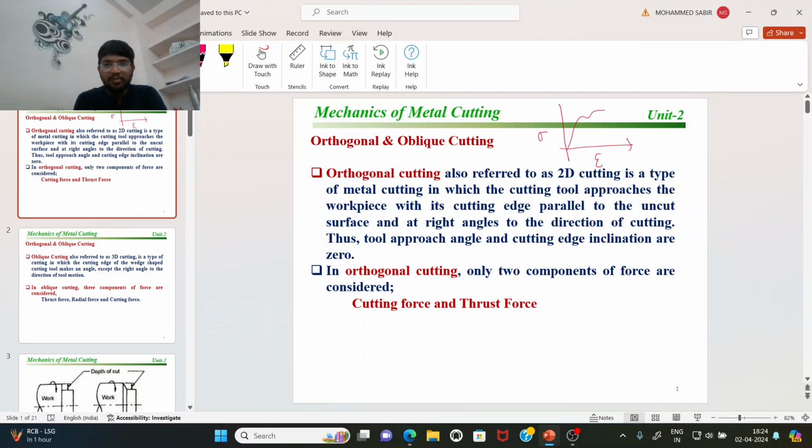What will happen is that yielding occurs at the load at which the stress becomes equal to the yielding stress. At that time, you can say the failure occurs. The chip is removed from the workpiece.